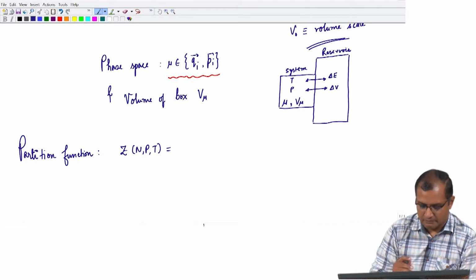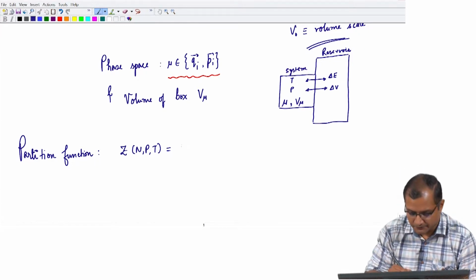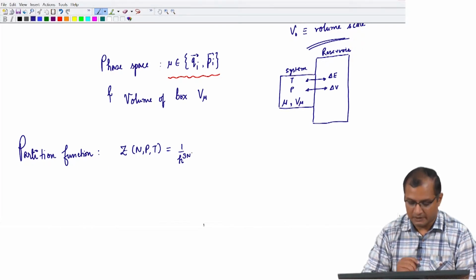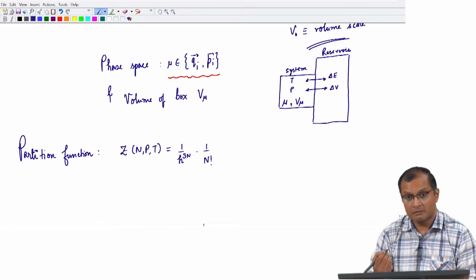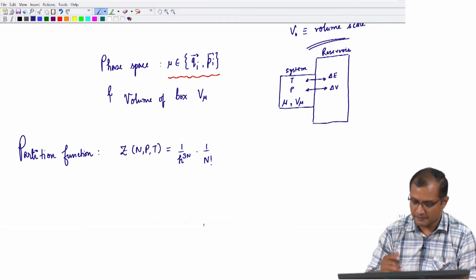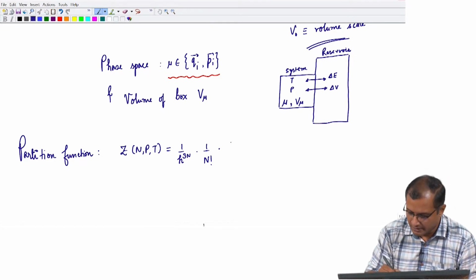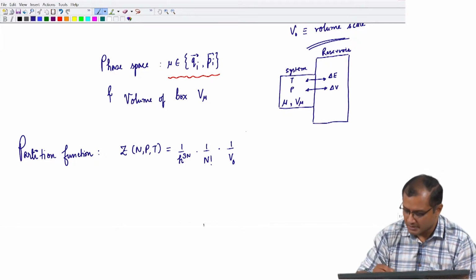So, then the partition function of the system can be written as including all those prefactors needed for non-dimensionalizing my partition function: upon n factorial for indistinguishability, h to the power 3n for the phase space volume, and I am going to divide it further by a volume scale, because there is going to be an integral over all the possible volumes my system can take.